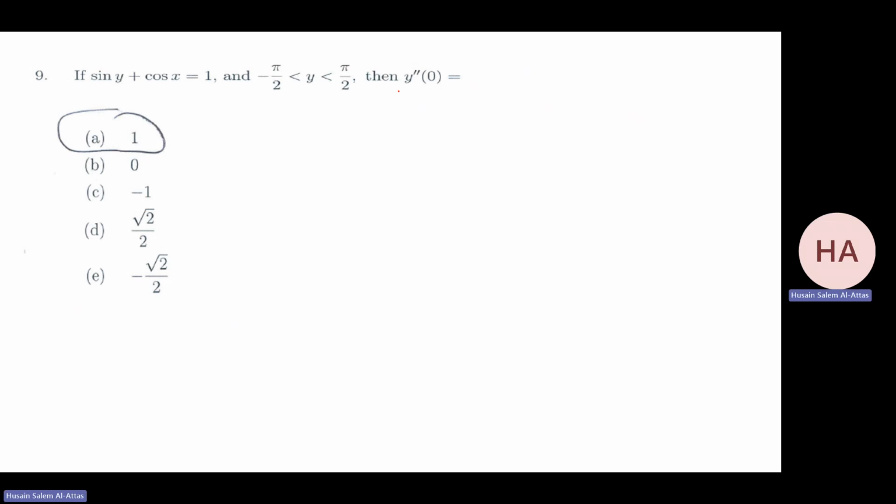You want y double prime. Okay, let us differentiate. I have cosine y times y prime minus sine x equals 0. So y prime equals sine x over cosine y.